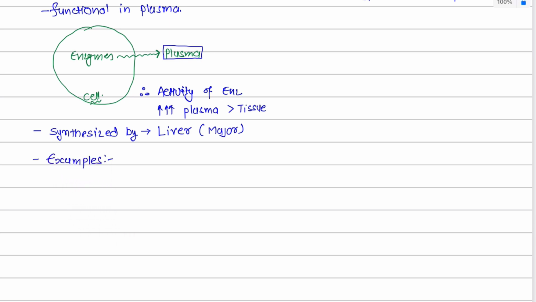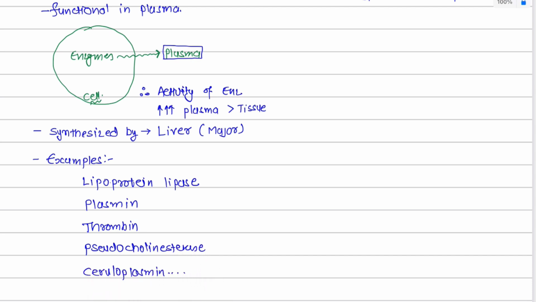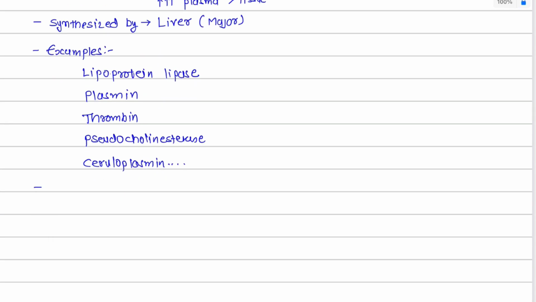Examples of plasma functional enzymes include lipoprotein lipase, plasmin, thrombin, pseudocholinesterase, ceruloplasmin, etc. Now, whenever there is a disease condition that affects the normal function of the cells, those cells will not be able to synthesize plasma functional enzymes in proper quantities. So, in such a disease state, the activity or level of these enzymes in the serum generally decreases.